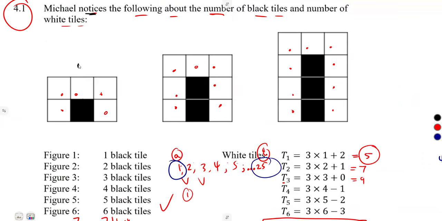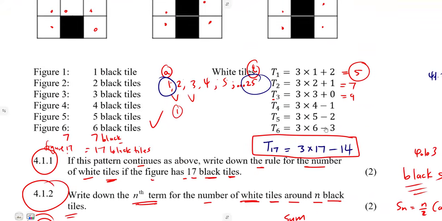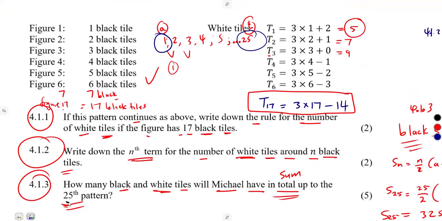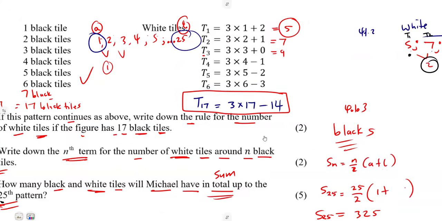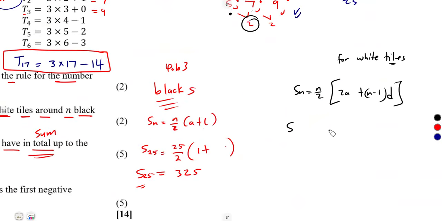The first block has white and black. The second has white and black. So up to figure 25, it will be white, black, white, black, white, black, white. So they are also part of the number of terms, the 25, because it's the same figure that consists of the white, that also consists of the black. So that's going to be S25 again.